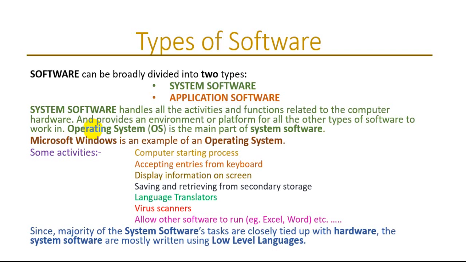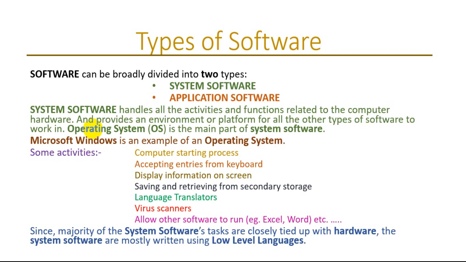Therefore, system software itself is a software, so somebody has to develop that. These kinds of software are generally developed using low level language. Why? Because low level language is machine dependent. You are writing the system software for a particular machine, so when you are doing that, that is the most preferable choice. I can't remember seeing anywhere that system software is written using high level languages.